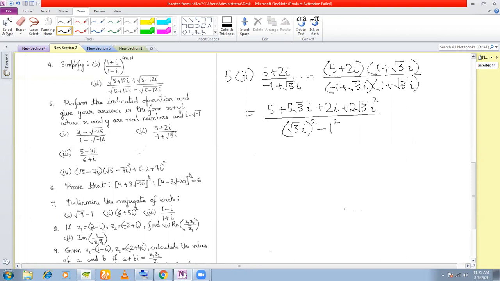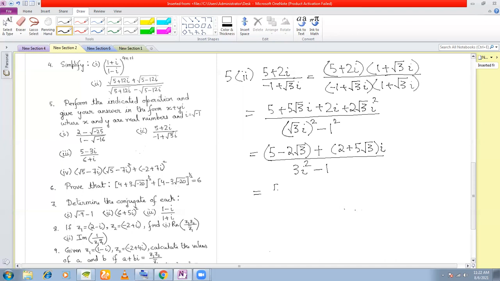So a square minus b square, so you get 3i square minus 1. So i square, if you put minus 1, this becomes minus 2 root 3. So 5 minus 2 root 3 is your real part in the numerator. Now from the i's, you can take i common to get 2 plus 5 root 3 i, divided by root 3i square is 3i square minus 1.